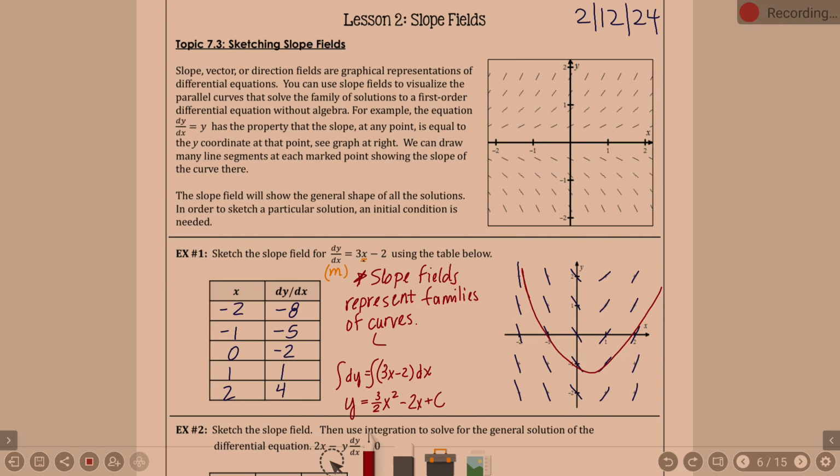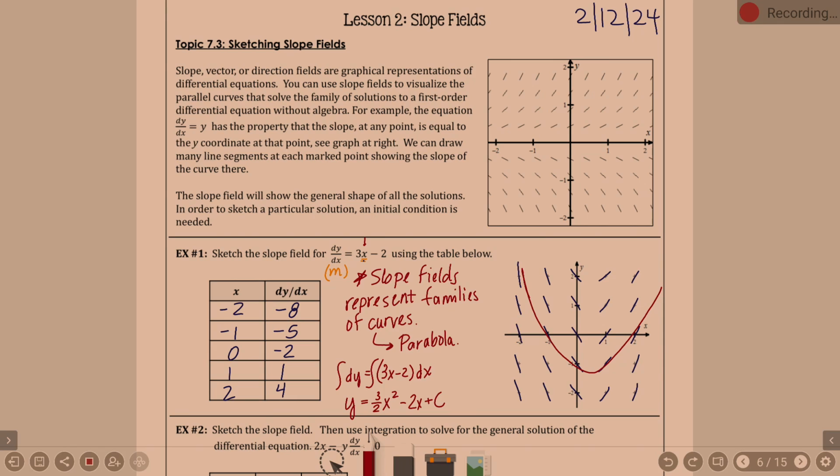In this case, yes, it was a parabola. And we know it was a parabola just by basic integration, and you can see that based on the shape too. Now, the other thing to point out, there was only an x here, right?